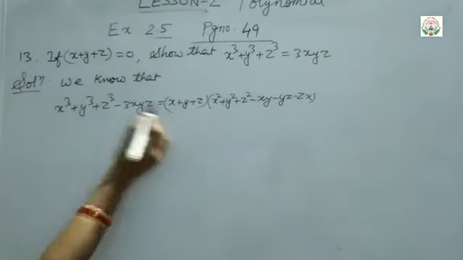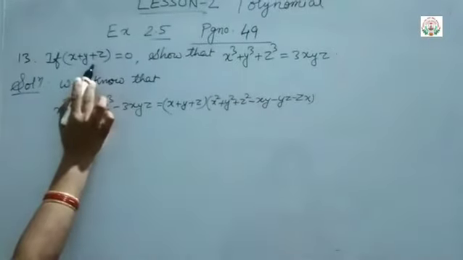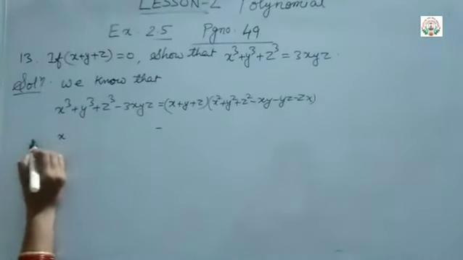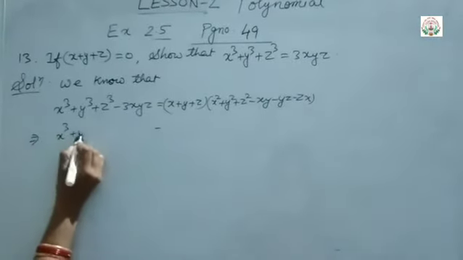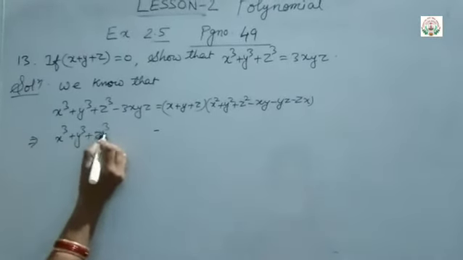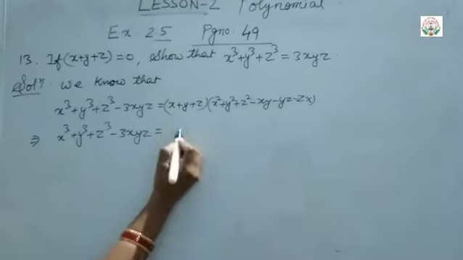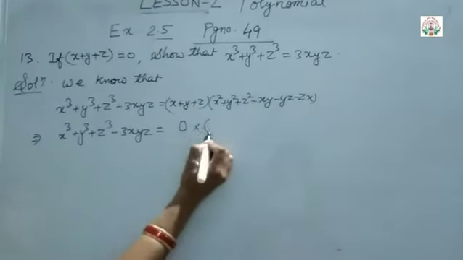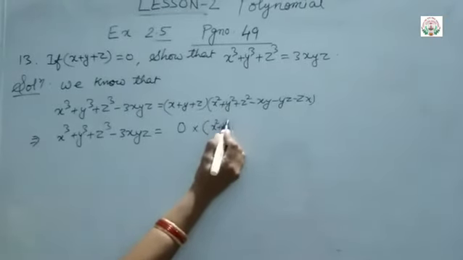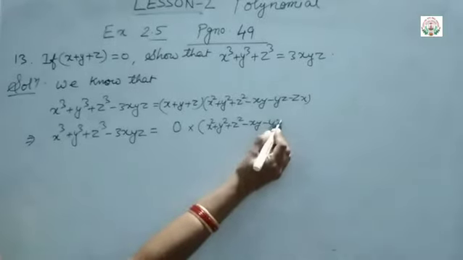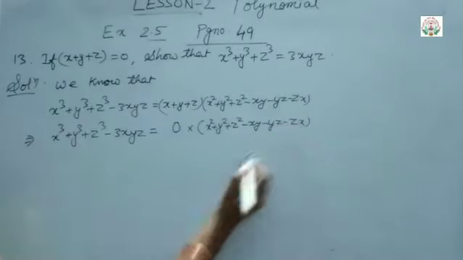Okay. So now what is given here? If x plus y plus z equals 0, this value is 0. Again I can write, implies x cube plus y cube plus z cube minus 3xyz equals this value 0 into (x square plus y square plus z square minus xy minus yz minus zx).